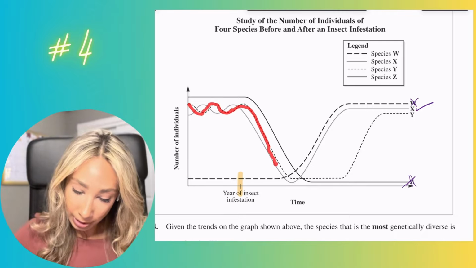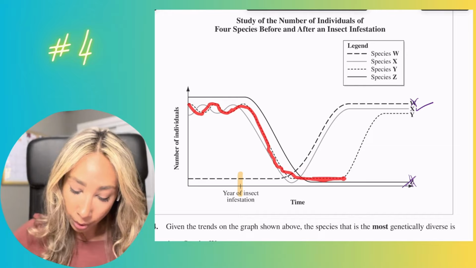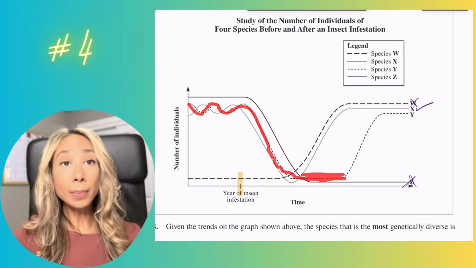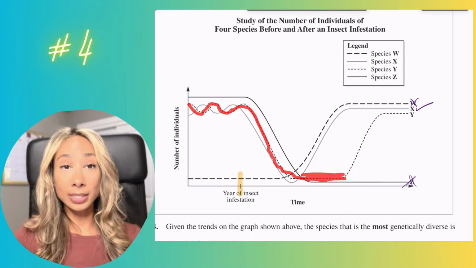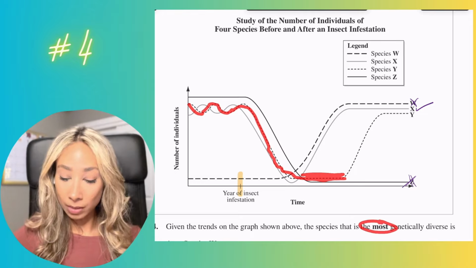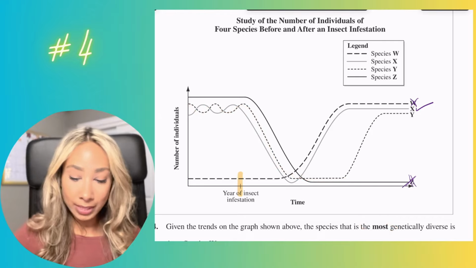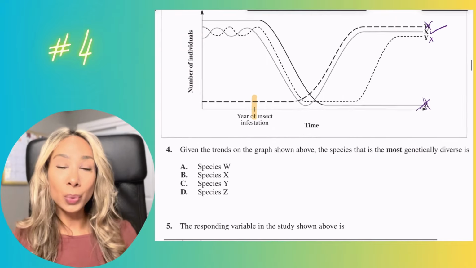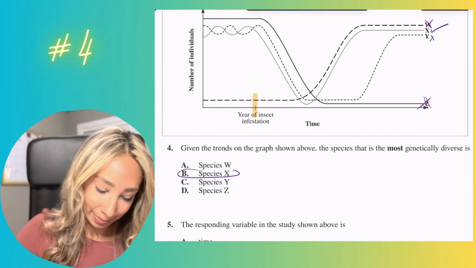Again, their population declined. However, we can see that in order for them to bounce back, it took them a lot of time. So while they probably do show some genetic diversity, again, the question says the most genetically diverse, so that's not going to be Y, in comparison to X, of course. So our answer to this question is going to be species X.